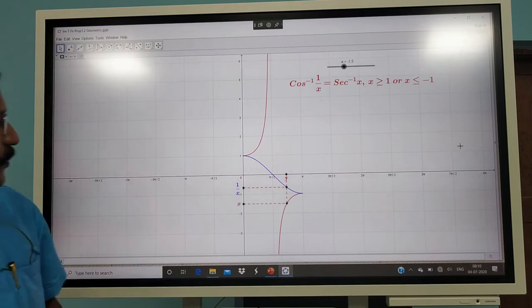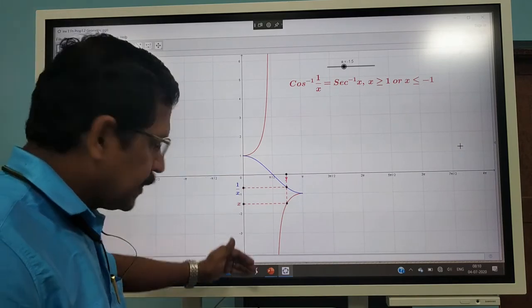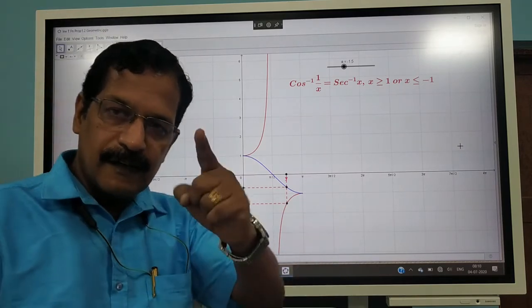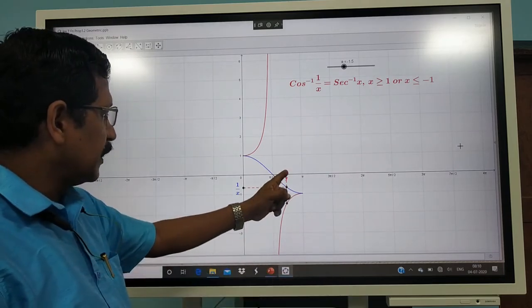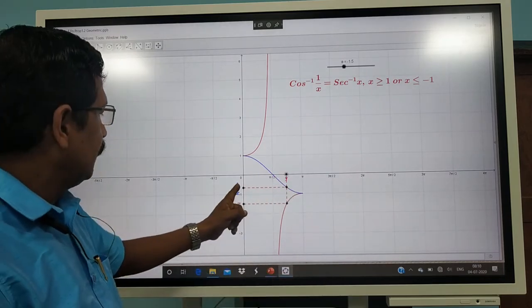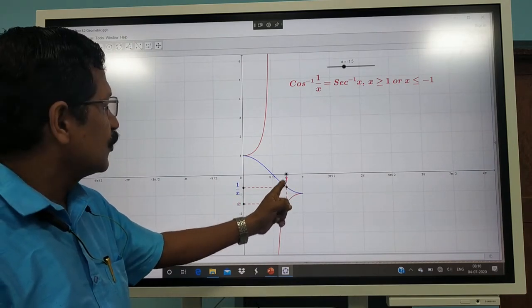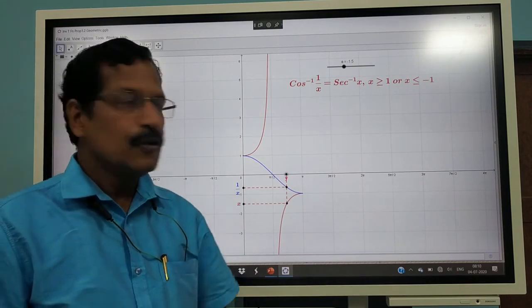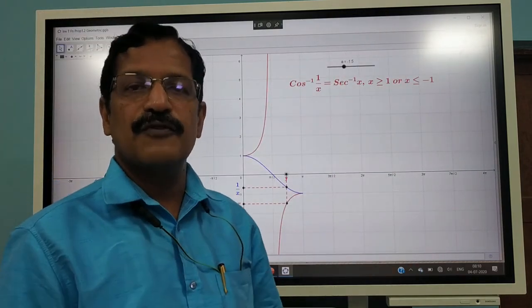Now when the x value is less than or equal to minus 1, the same result holds here. It is x here, so we get sec inverse of x. In the same way, 1 by x intersects the cosine graph, so it is cos inverse 1 by x. So we get the result cos inverse 1 by x is equal to sec inverse of x.